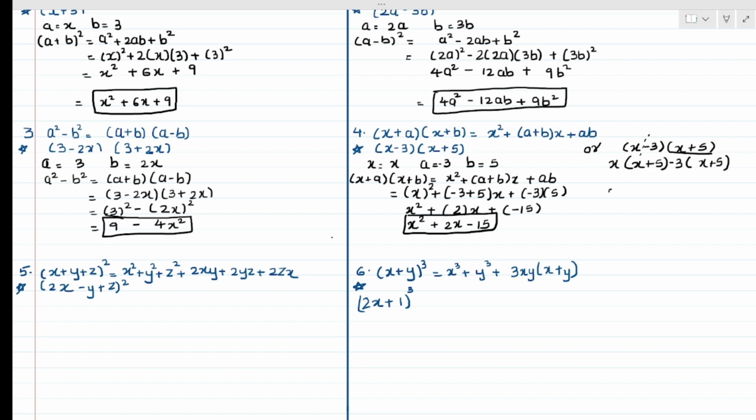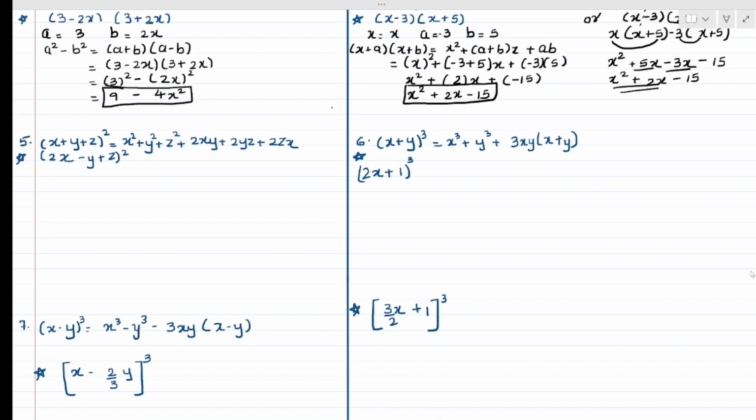So x times x gives me x square, plus 5x minus 3x, minus 15. Like terms, positive and negative, combine and you get positive 2x minus 15. As you can see, both brackets are the same, so you can go by the identity as well as this bracket method.